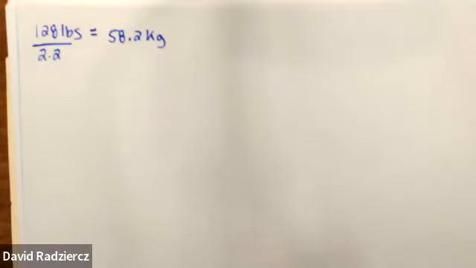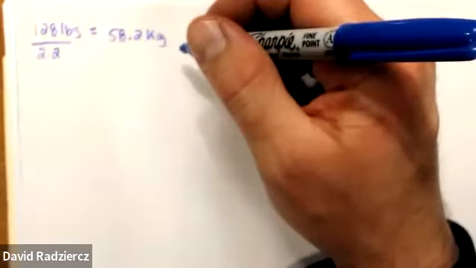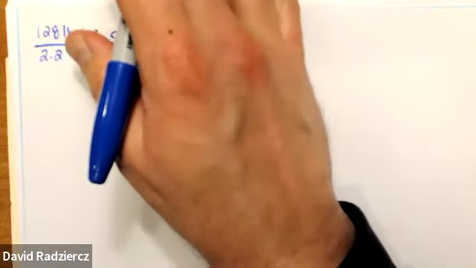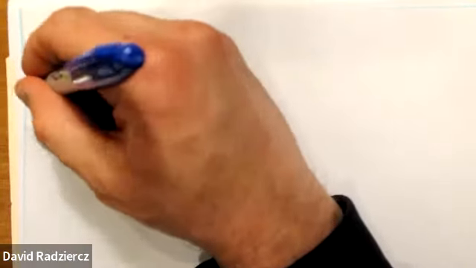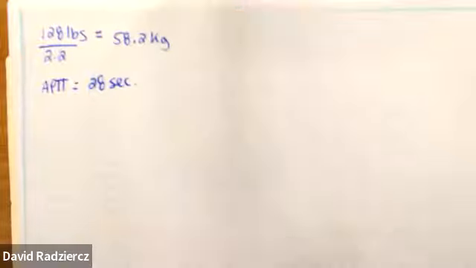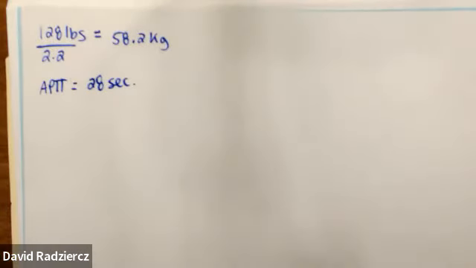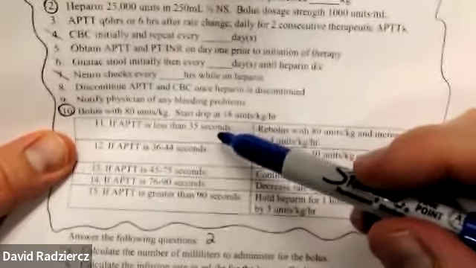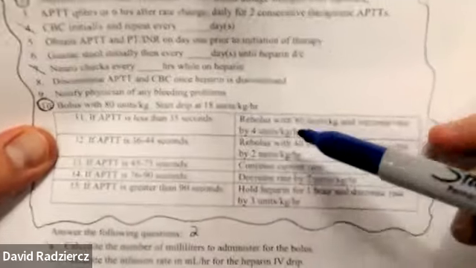All right, so the scenario is this: the patient's already on a protocol. They've already started their heparin protocol. It's been 6 hours. We look at the APTT and we see that it's only at 28 seconds. So I'm going to look at the protocol, and it says if it's less than 35, so that's where we're at, we're going to do two things.